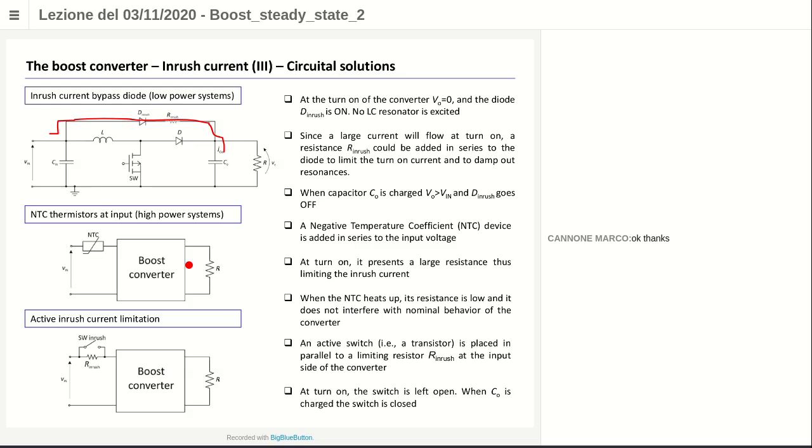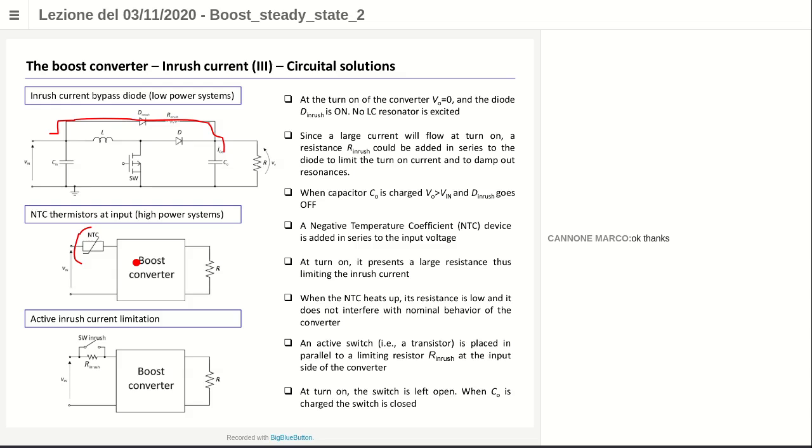Another solution that is typically employed is to manage the inrush current by putting something else at the input port of your converter. For example, a negative temperature coefficient device, okay, NTC device placed here. NTC devices are resistors whose resistance is dependent on the temperature.